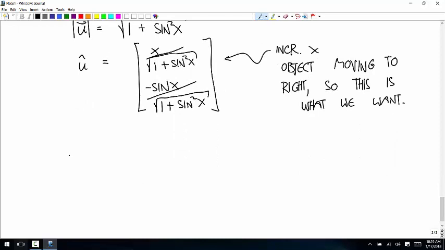And so the velocity vector as a function of x is this times the speed. The speed was just a constant 1 meter per second.